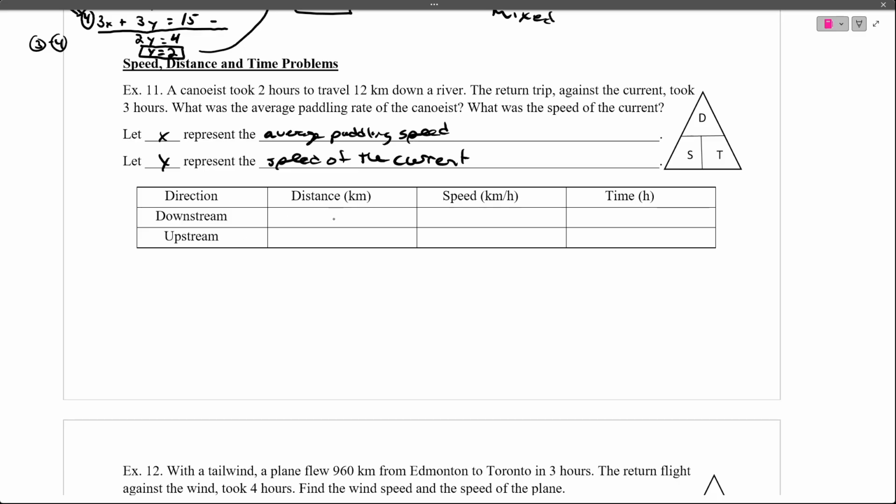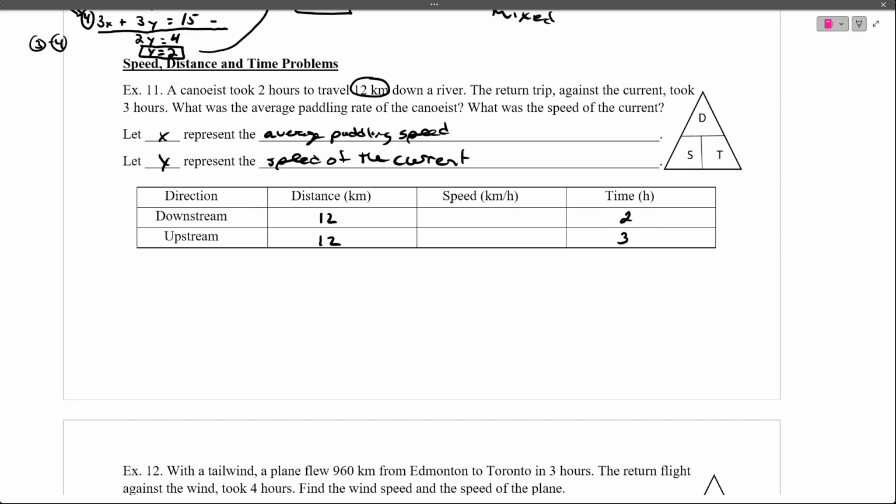So let's think about distance. How far did he go downstream? Well, he went 12 kilometers. He returned back, so that means he also went 12 kilometers back. So that doesn't change. We also know how long it took him to take each trip. The first time downriver took exactly 2 hours, and upriver took 3 hours.